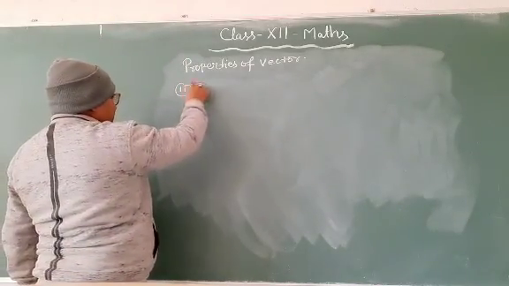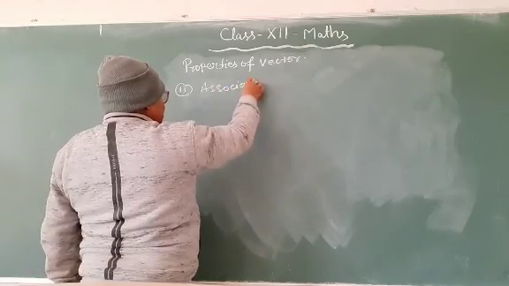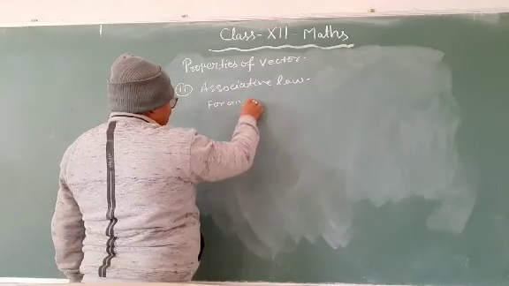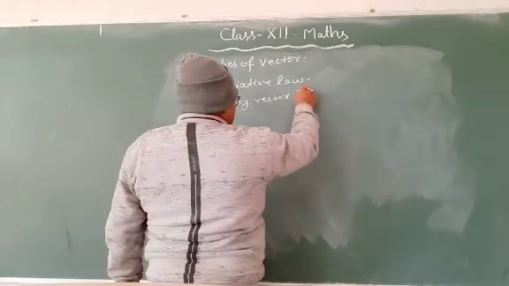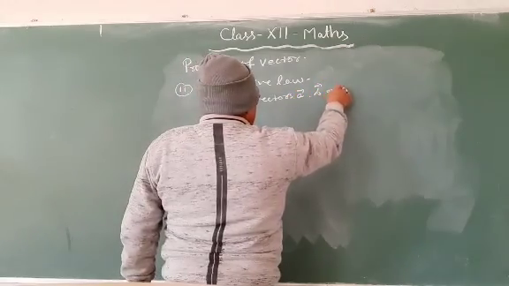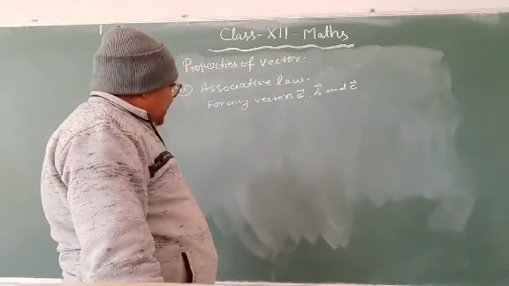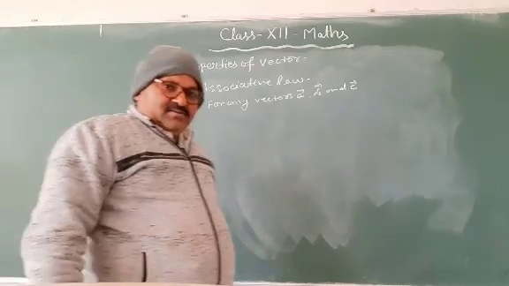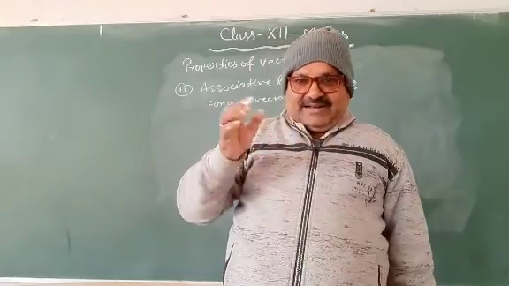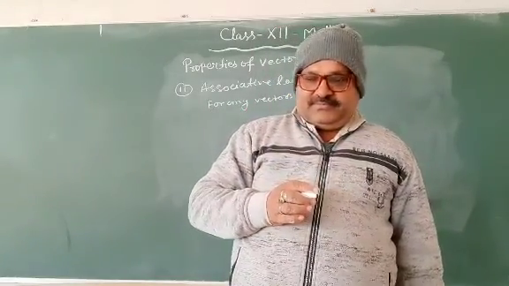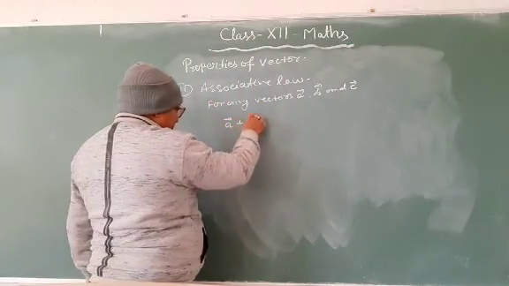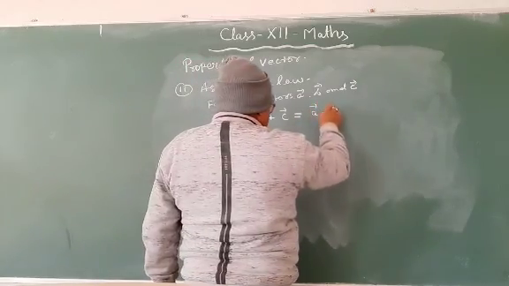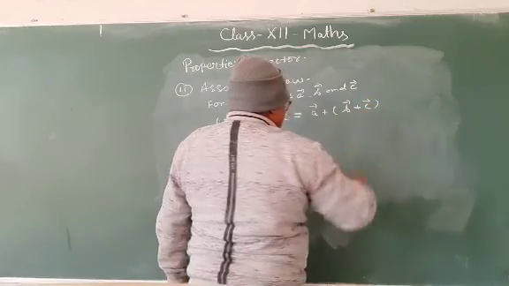Now next is the associative law. Second, the associative law. For any vectors A, vector B and vector C, the property of associative is: vector A plus vector B plus vector C is equal to vector A plus vector B plus vector C, with the grouping changed.